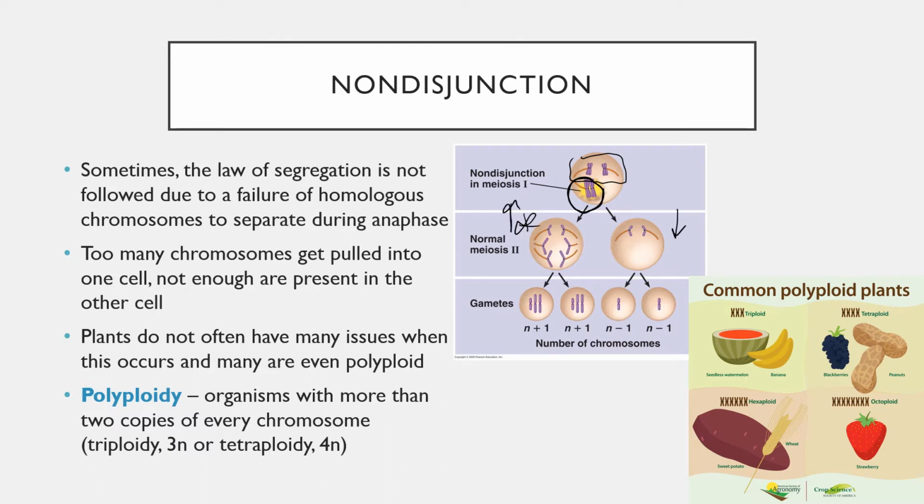So plants don't seem to have a problem with this. They are often what we call polyploid, where they'll have more than 2 copies of every single chromosome in their cells. So some are triploid, like bananas and watermelon. Some are tetraploid, like blackberries and peanuts. And then you even have circumstances where you have wheat, which is hexaploid.